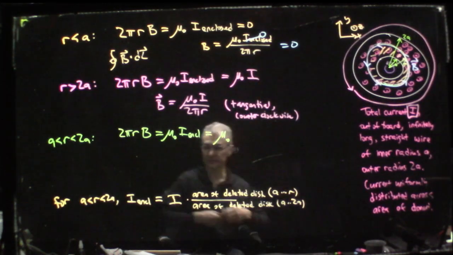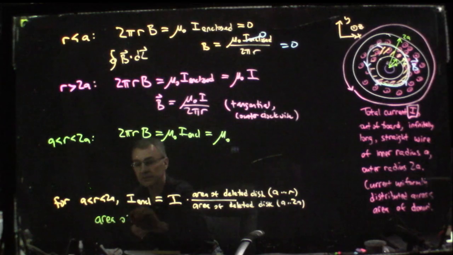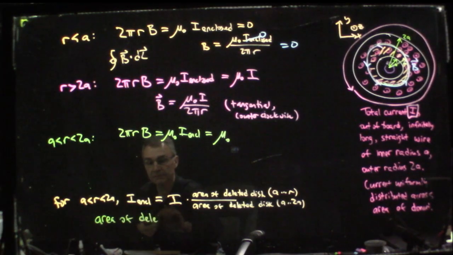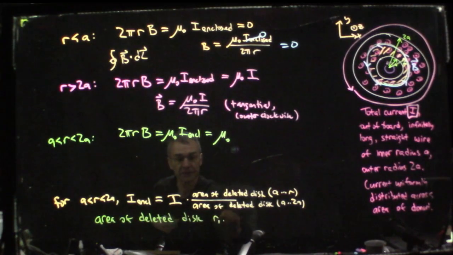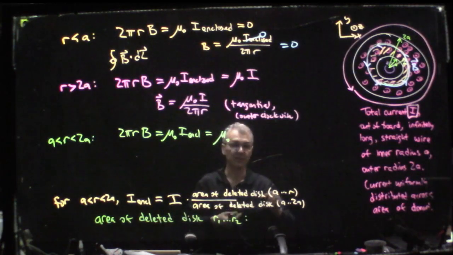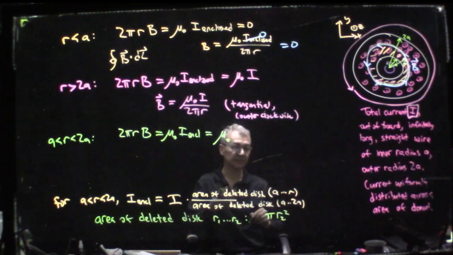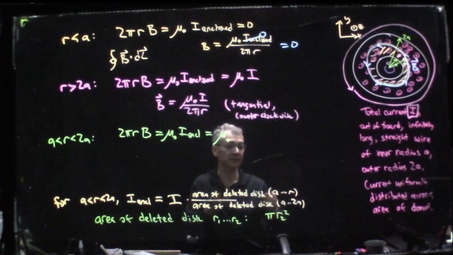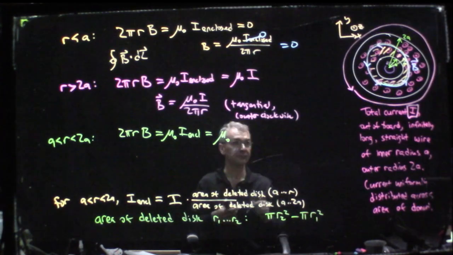So the area of a deleted disk, like R1 to R2, is going to be, the area of the big circle is pi R2 squared, but then you subtract out the area of the small circle, pi R1 squared.